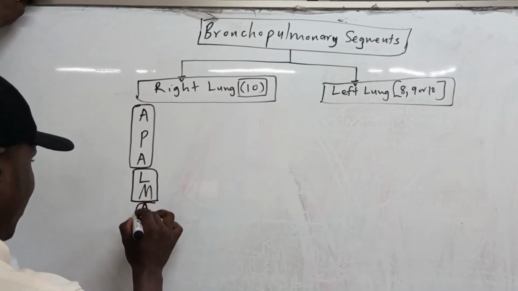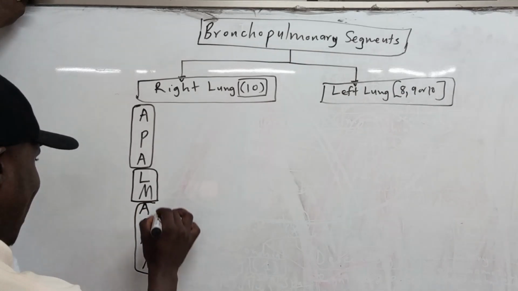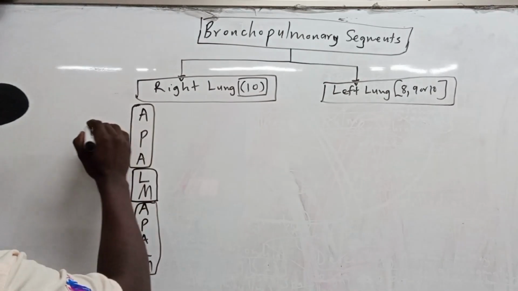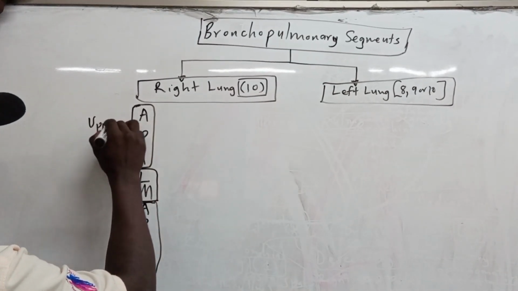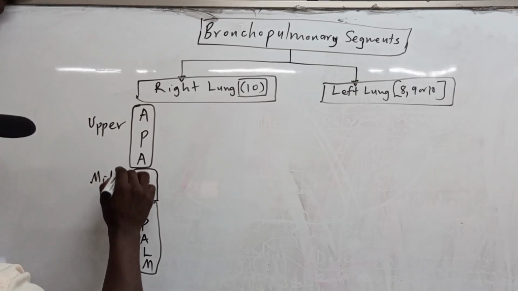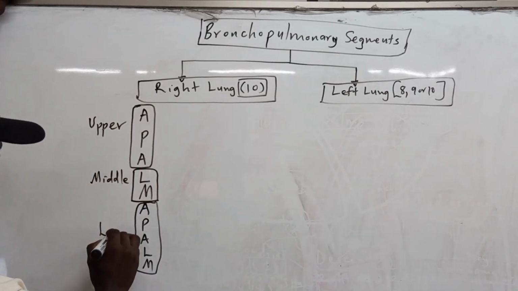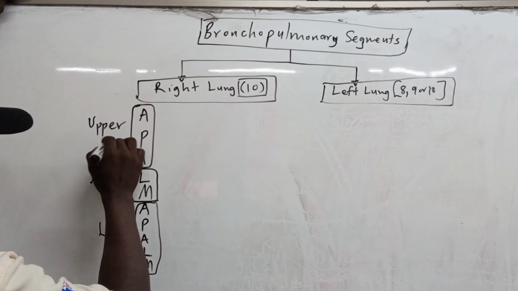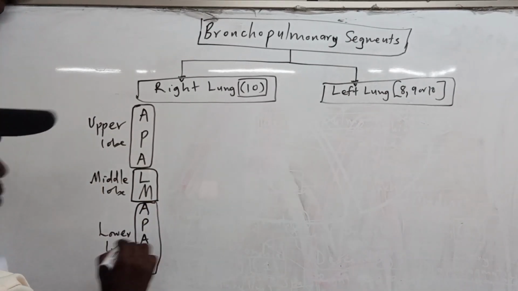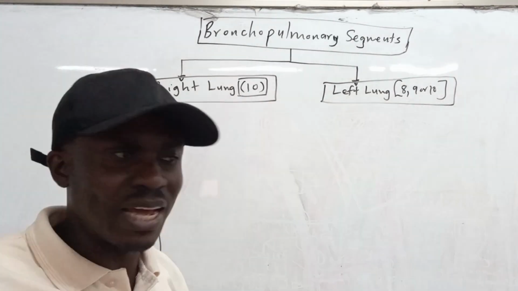And then this one will also be separate for that of the lower lobe. The right lung has 3 lobes. So that is for the upper lobe or the superior lobe. This is for the middle lobe. And then this is for the lower lobe. Okay, it's as simple as that.